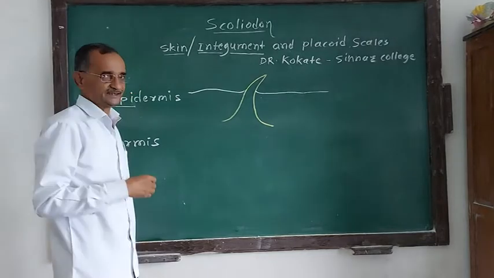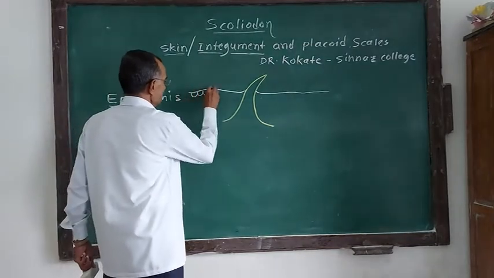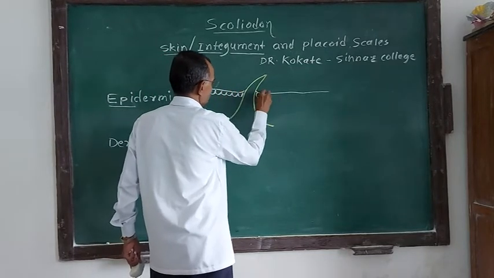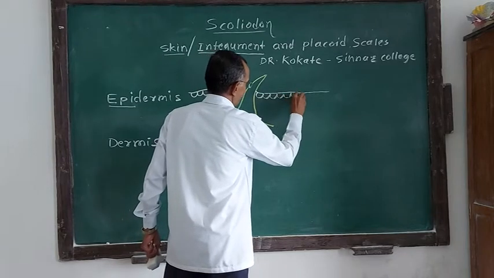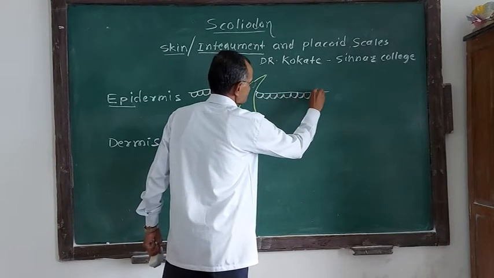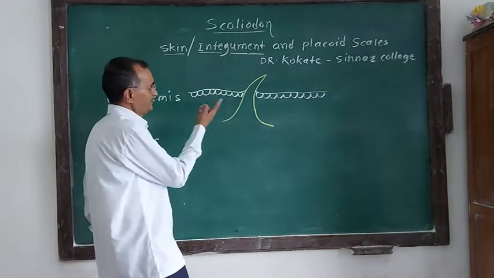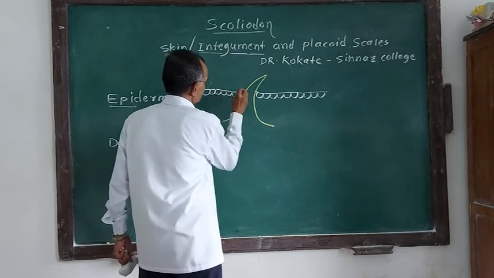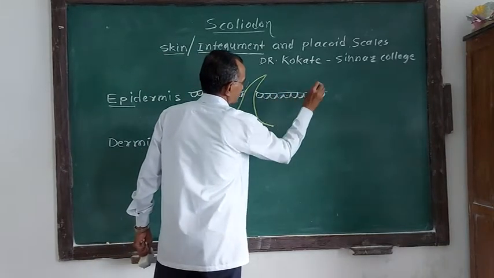The epidermis is several layers thick, consisting of layers of cells. Among these cells of the uppermost stratum of the epidermis, some cells are modified. These are cells with well-defined nuclei, like this.